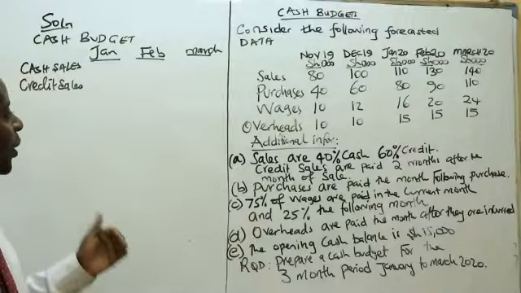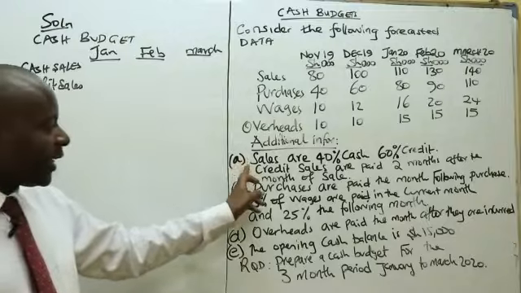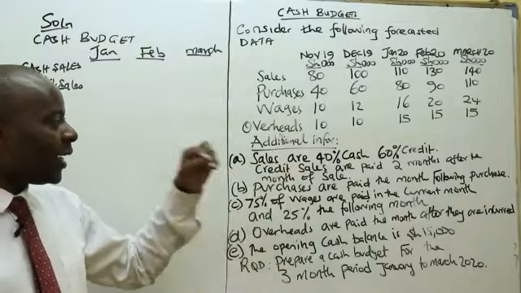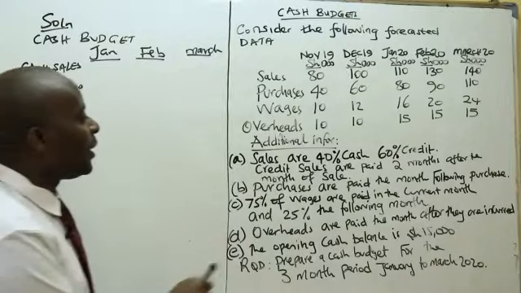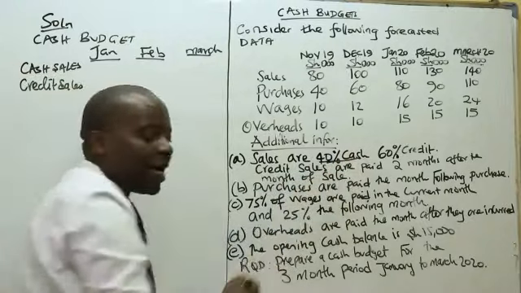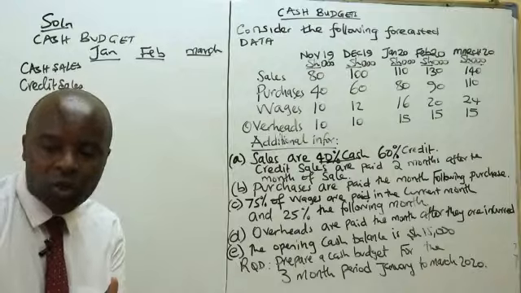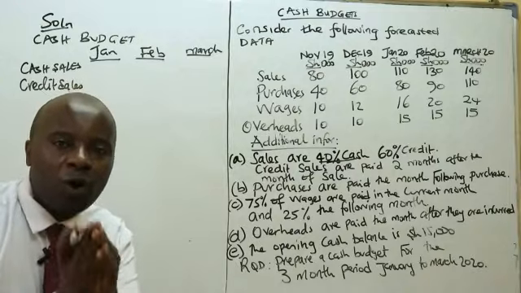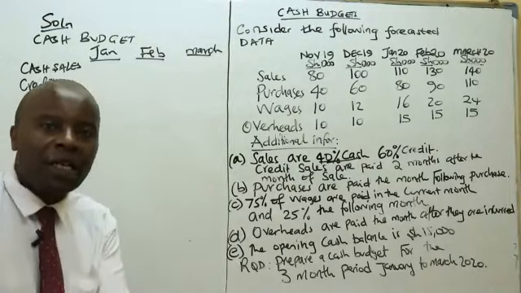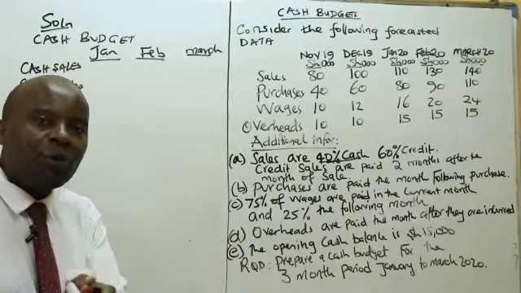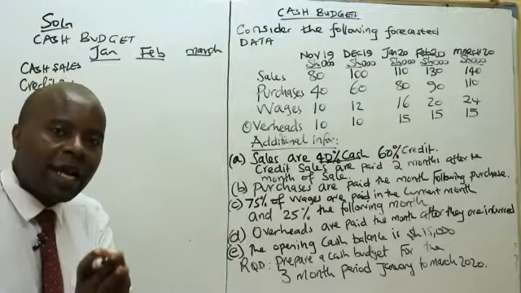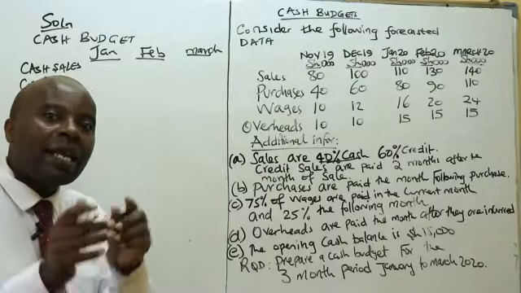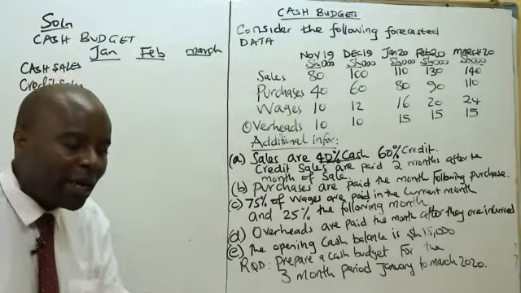So cash sales. They have told us here that sales are 40% cash, and then we have 60% credit. So the concept is that 40% are for cash. So please go to the sales figures for January, February, and March. Recognize 40% of the sales there as cash to be received in that month.